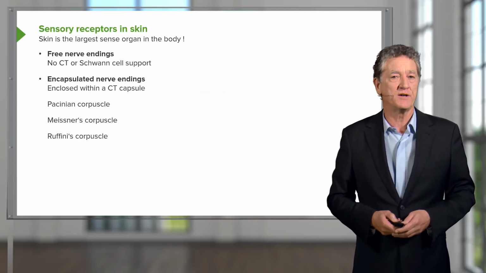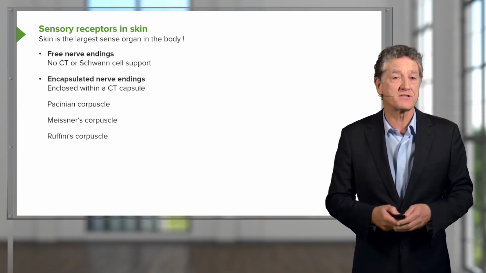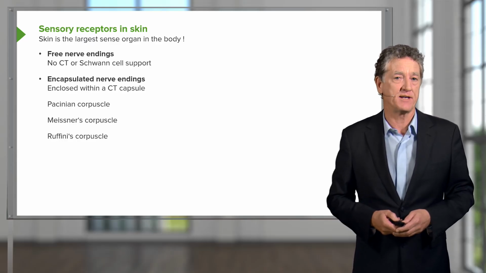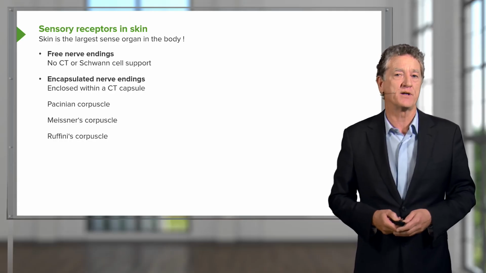Well, skin is also a very large sensory receptor organ. In fact, skin is the largest organ in the body. It occupies between 15 and 20% of the volume of our body.